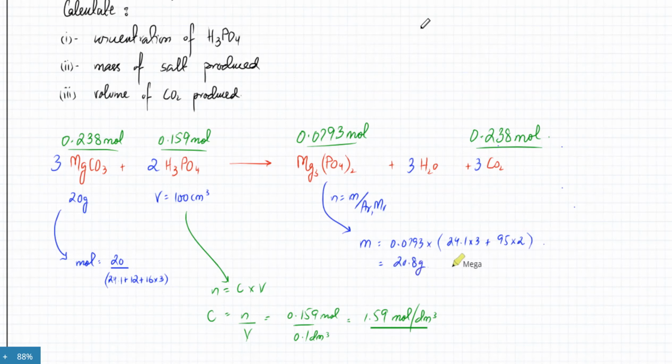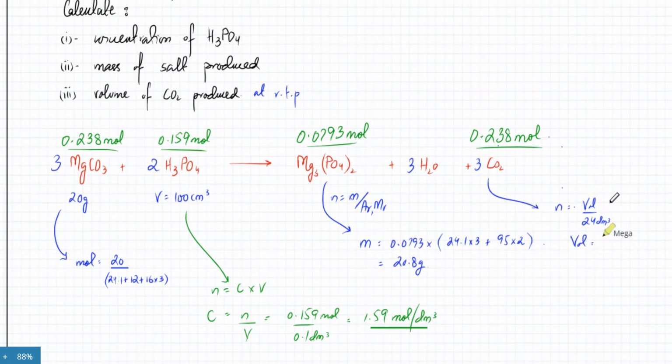And the last thing is they were asking for the volume of CO2 produced. And it should be mentioned, is it at RTP or not? So I'm going to add to the question that they're trying to measure it at RTP. So at RTP, the formula for gases is moles is volume of gas divided by 24. Be careful that the volume of a gas is a different thing and the volume of the solution is a different thing. So don't mix the two up. If you're given a volume of solution, you don't apply this formula. This is only for volume of gas.